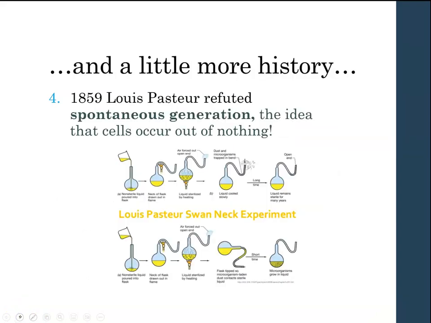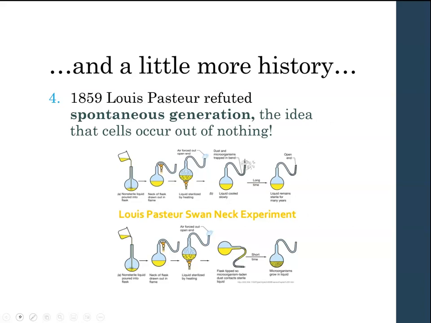In 1859, Louis Pasteur, who has been an important figure in your life, even if you don't know about it, basically refuted this idea of spontaneous generation. He supported Virchow and others' idea that cells must come from pre-existing cells. They don't come out of nothing.